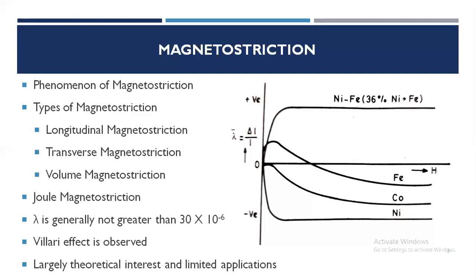Magnetostriction is largely of theoretical interest and of limited practical application. There have been some applications to high frequency oscillators and to generators of supersound. Magnetostriction is also used for underwater sound projectors and sound detectors.